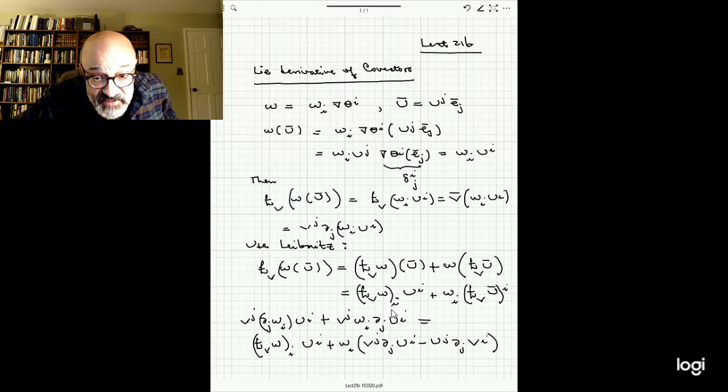When we see this, we see that this expression has a V^j ω_i.